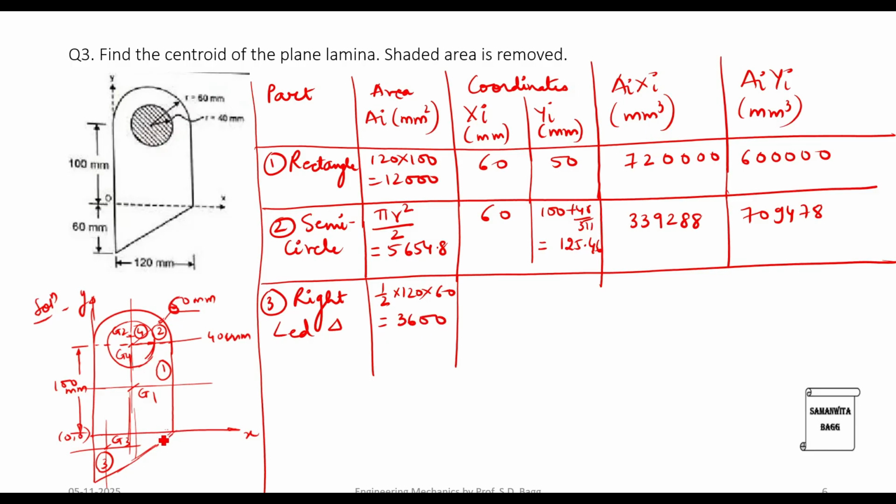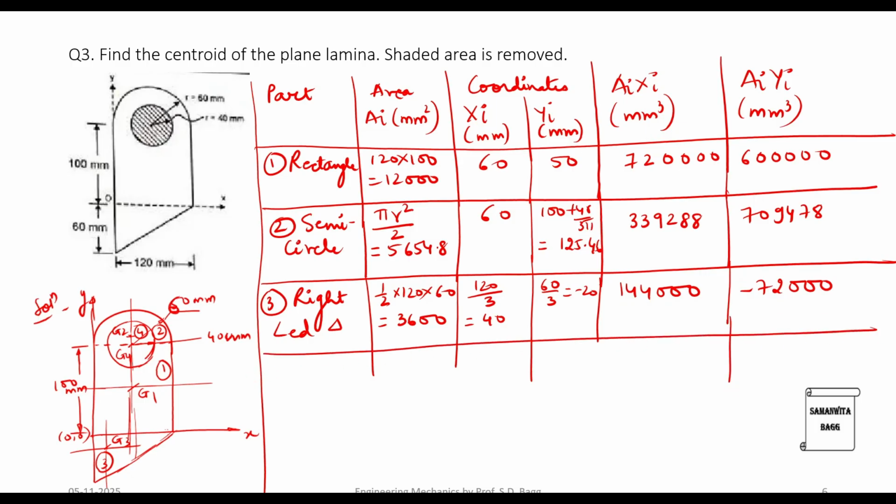X value is going to be 1/3 of this base. The base is 120, so it is 120 by 3, which is 40. Height will be 1/3 of this one, which is 60 by 3. Now this is below the x-axis, so take this as minus 20. Now just multiply. You get 144,000 and here you get minus 72,000.